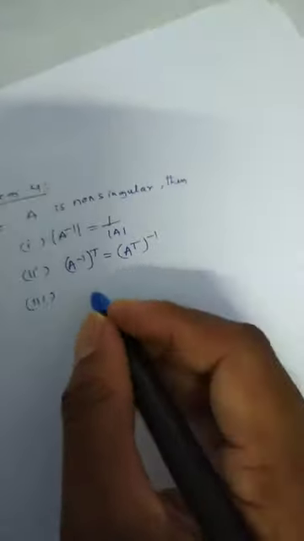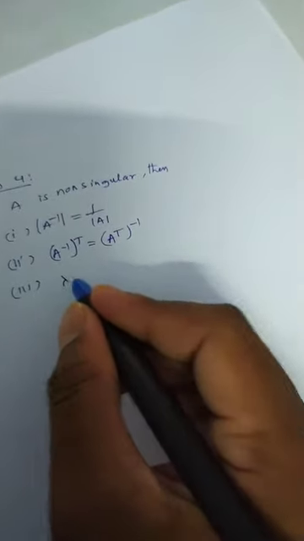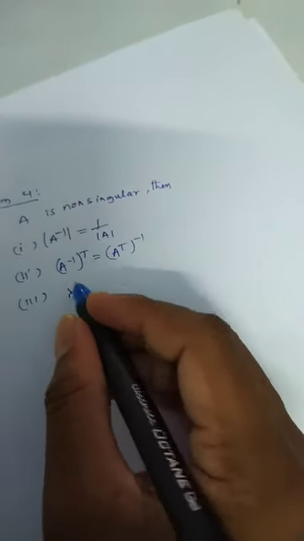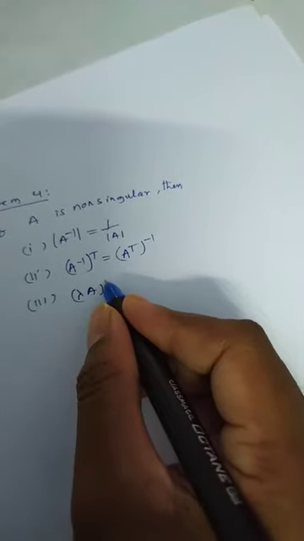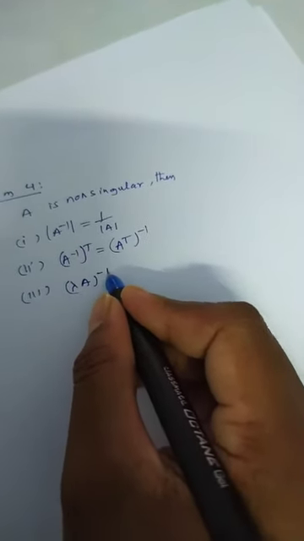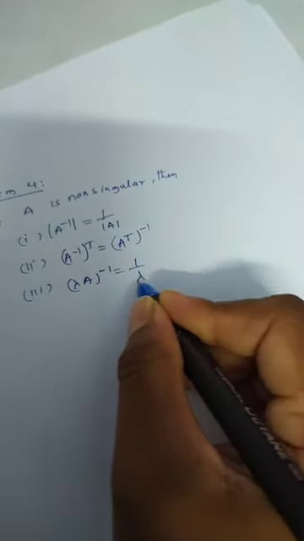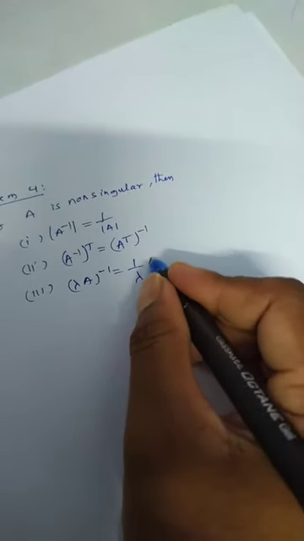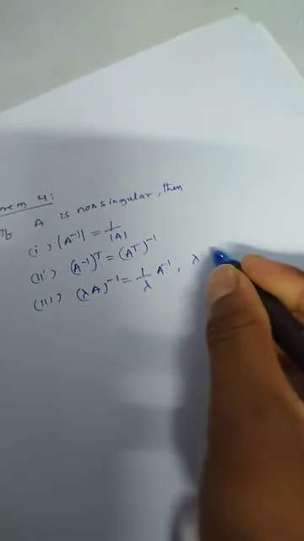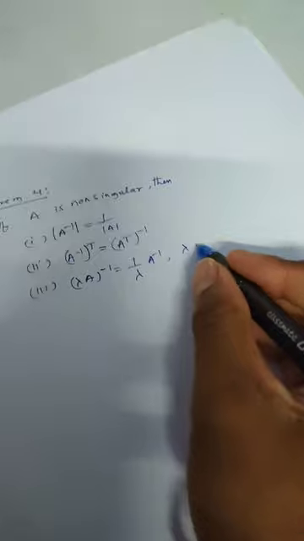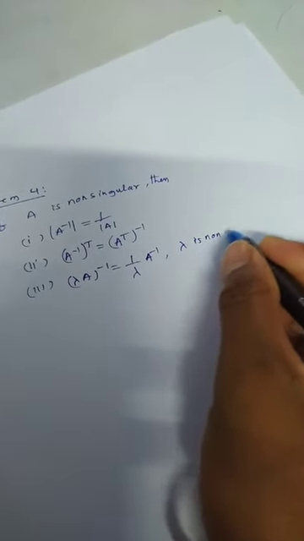Third one, lambda into A whole transpose whole inverse is equal to 1 by lambda into A inverse, where lambda is a non-zero scalar, right?